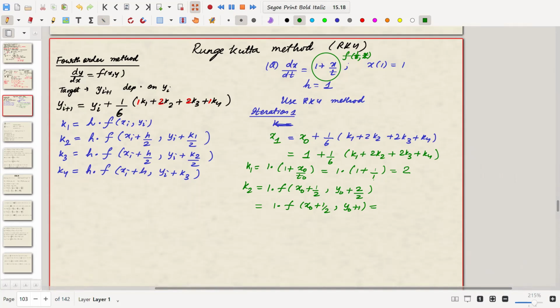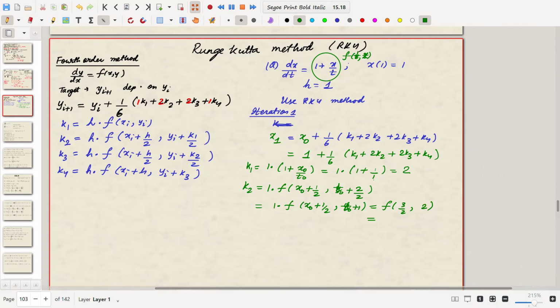Sorry, instead of y naught, it should be t naught. T naught is also 1, right?